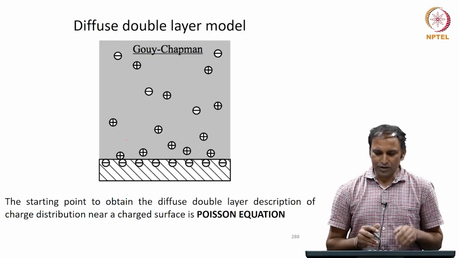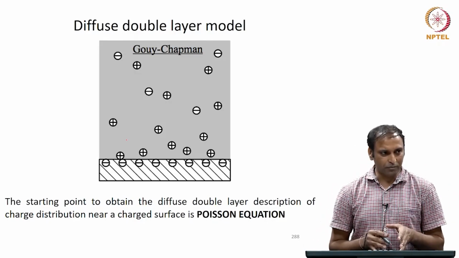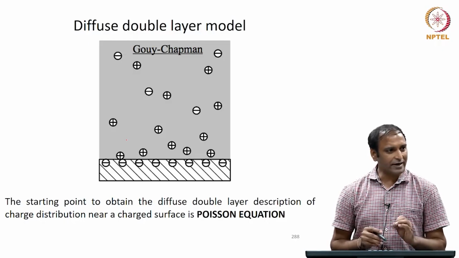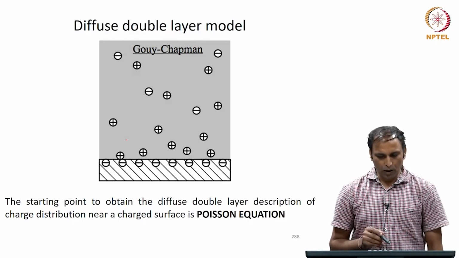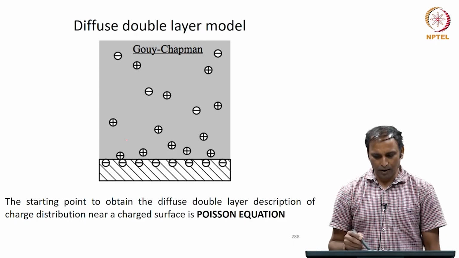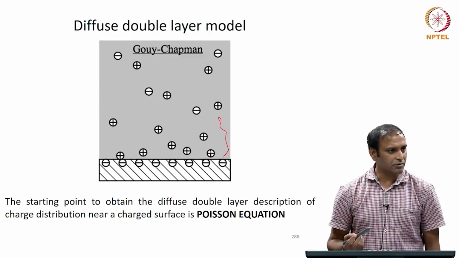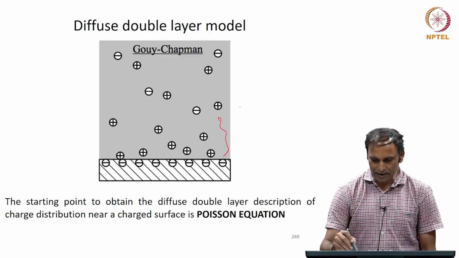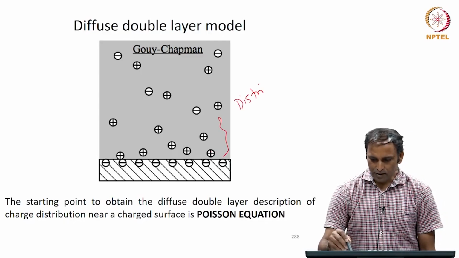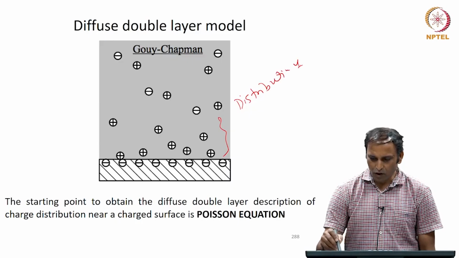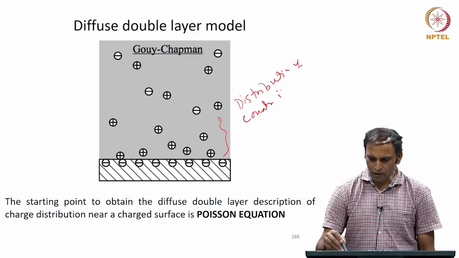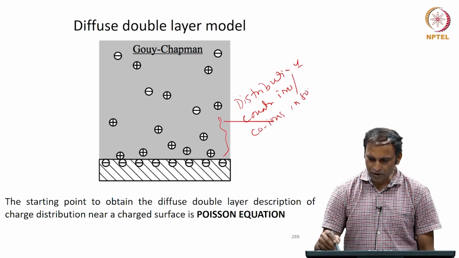Now, similar to what we did for the Helmholtz model, we are interested in looking at the distribution of counter ions in solution. So, we are interested in understanding, number 1, the distribution of counter ions as well as co-ions in solution.